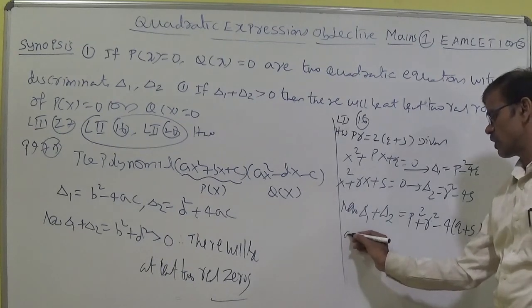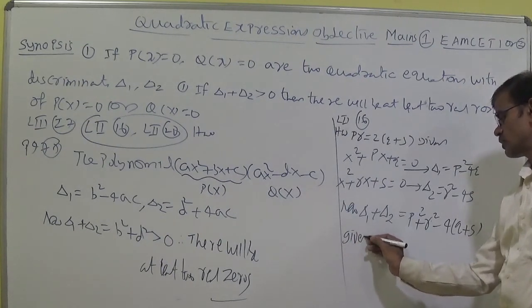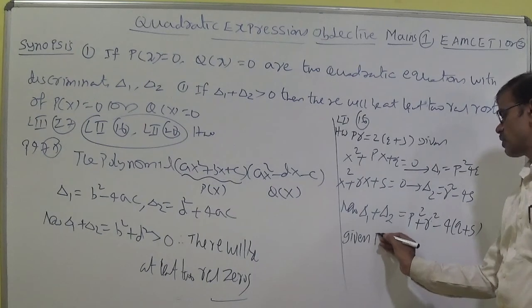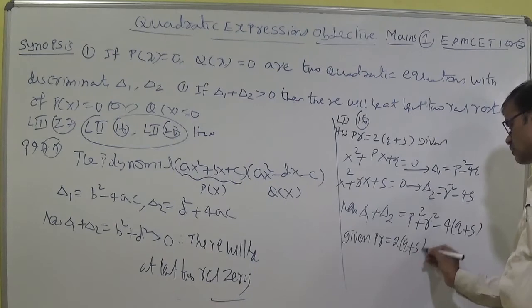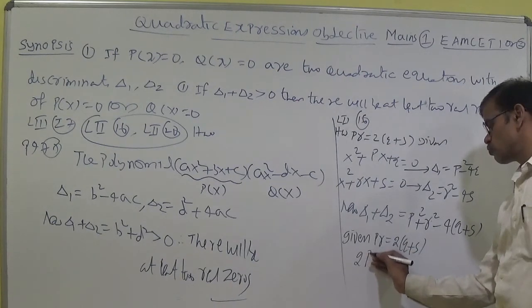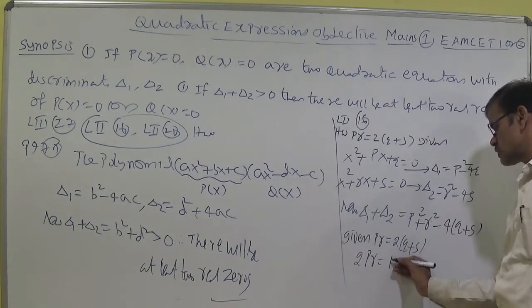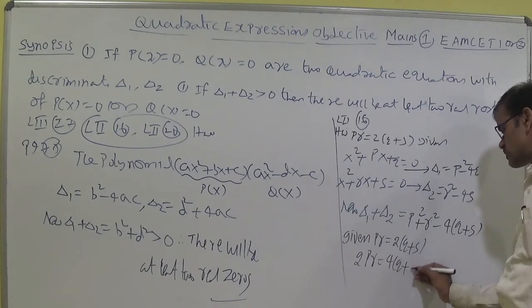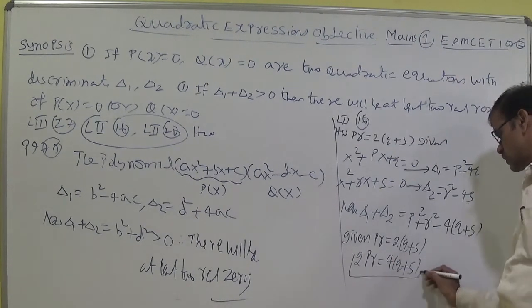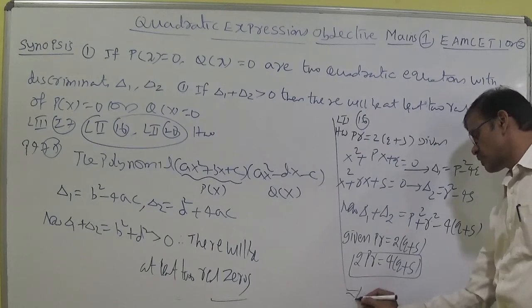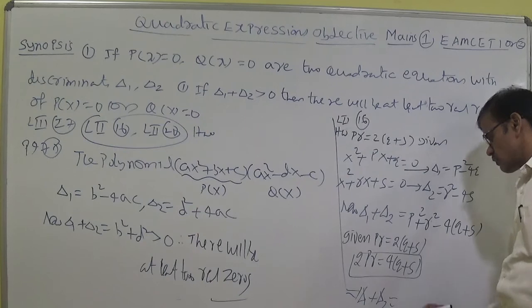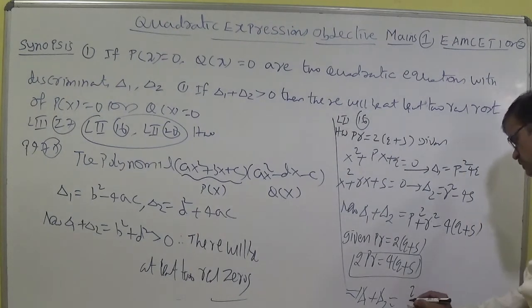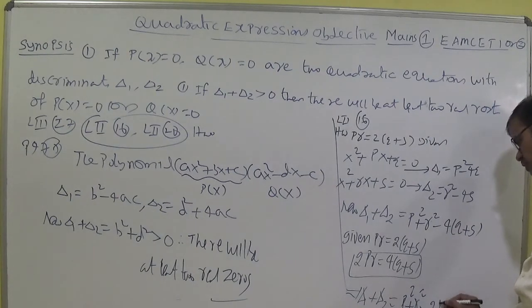Now I am writing the given concept: PR is equal to 2 into q plus s. Multiplying by 2 on both sides, it becomes 2PR is equal to 4 into q plus s. That implies delta 1 plus delta 2 can be written as p square plus r square minus 2pr.